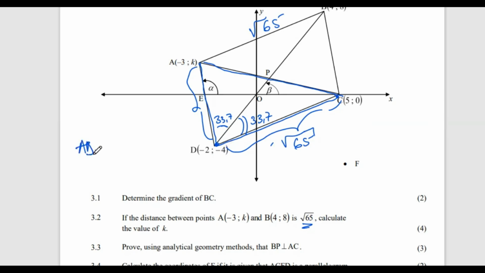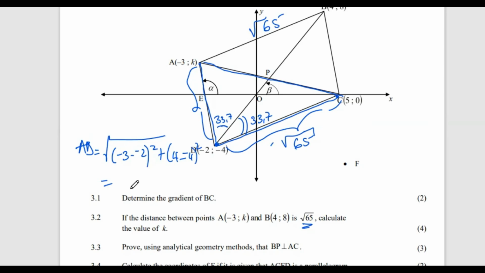So AD will be the square root of -3 minus -2 squared, plus 4 minus -4 squared. I punch that into the calculator, and I'm getting also root 65.